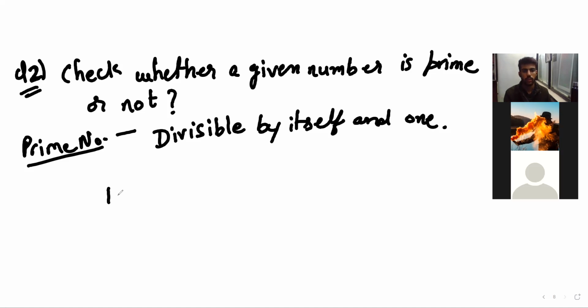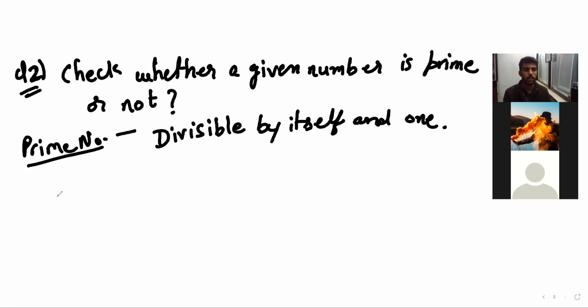So, is 1 a prime number? Yeah, I think so. Guys, 1 is not a prime number. The definition of a prime number is that it should be divisible by exactly 2 numbers. I think the first prime number is 2.